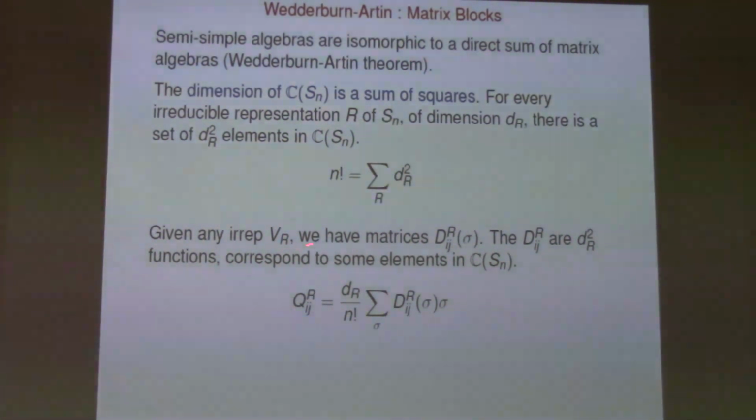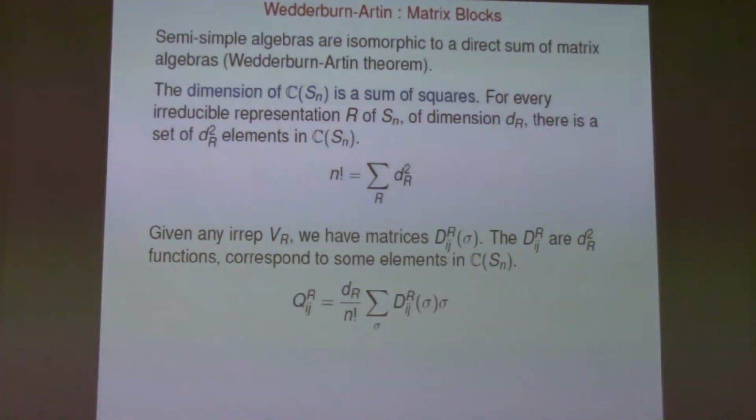You take the representation, so you have matrices, let's say in an orthogonal basis, and you have some numbers associated with every group element. Now, you take a sum of permutation elements with these D^R_ij. This is the matrix for sigma in representation R, and then you form this sum.